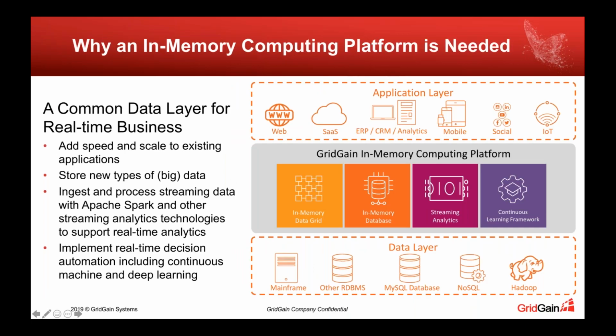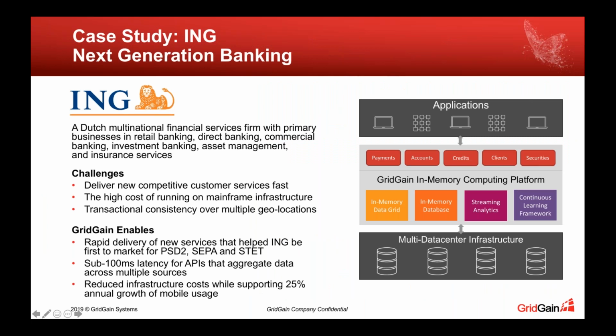So it gets used across as a common data layer as more and more projects get added on for merging the data together in memory and creating this new real-time layer that will support things like APIs and mobile applications to not just add the scale, but 10 to 1,000 times scale, but lower the latency. ING Bank, for example, was a classic story where for mobile banking, a mobile user was 7 times the load of a web user who was more load than a brick and mortar bank customer.